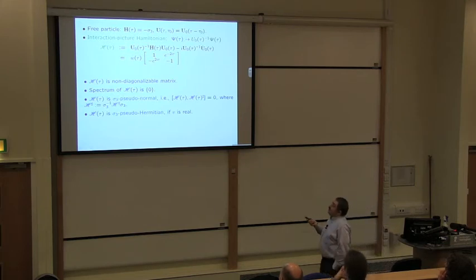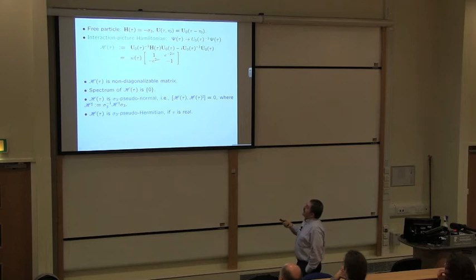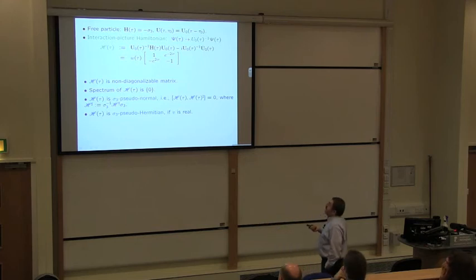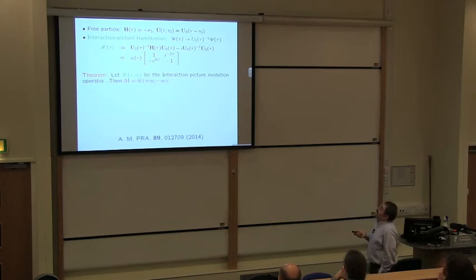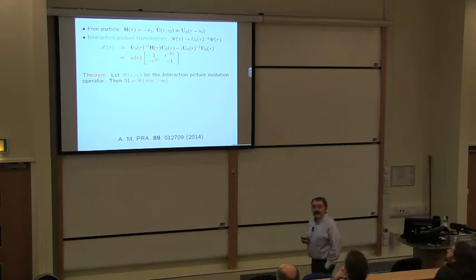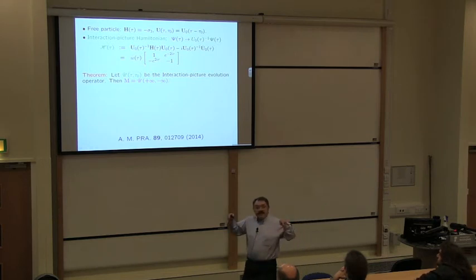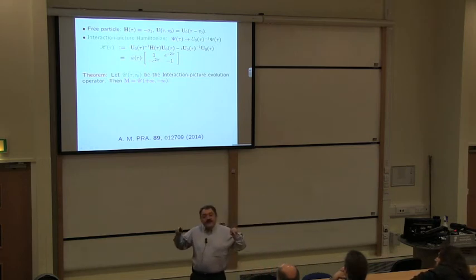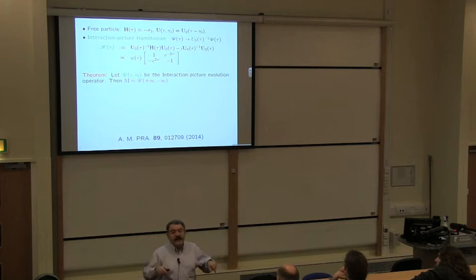It is pseudo-normal. Pseudo-normal means that the Hamiltonian commutes with its adjoint, but this is the pseudo-adjoint defined by sigma 3. And if it is real, it is again pseudo-Hermitian. If you take the evolution operator in the interaction picture, you can identify it with M. So the transfer matrix is actually the asymptotic evolution operator in the interaction picture. That's also the definition of the S matrix.